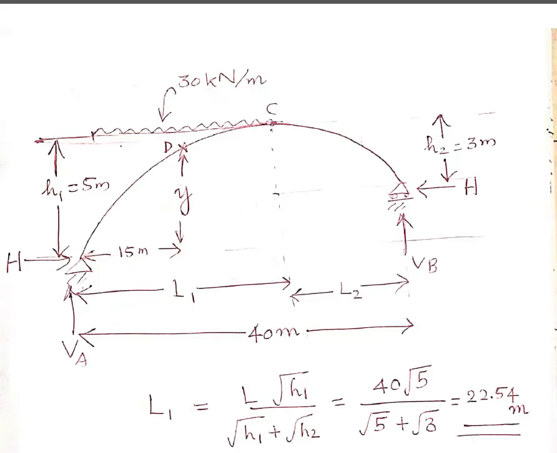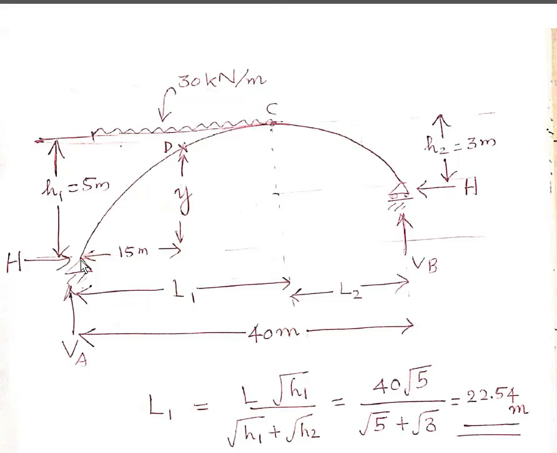So for calculating the value of the support reactions, we had initially taken the moment about C is equal to 0, and in the equation we had two unknowns, and we changed one unknown in terms of the other one. Then we chose the next equilibrium equation to be moment about point A is equal to 0.